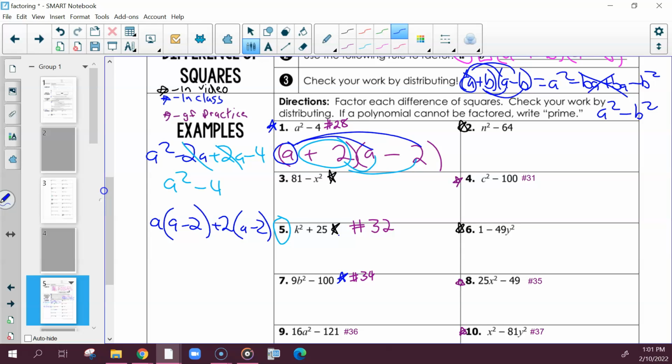So I'm distributing twice, but it looks different. But this and this are the same thing. It's just how we distribute it. Sure. And again, the distributing part is just to check yourself. You don't even have to do that part.